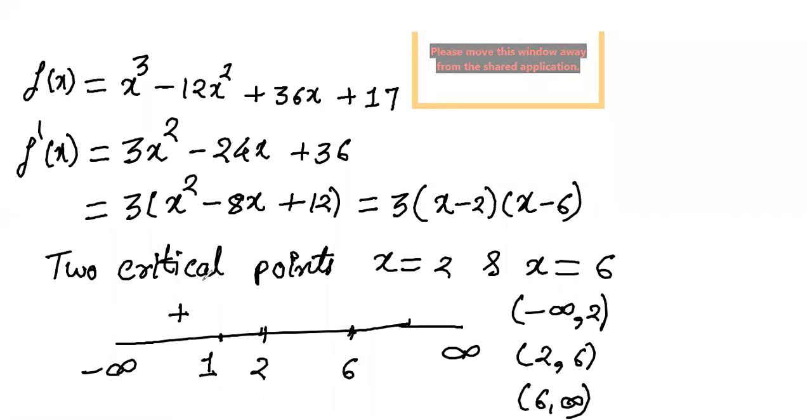We have found two critical points, x equal to 2 and x equal to 6, so we marked them on the number system: minus infinite, then 2 and then 6. This x equal to 1 is only for our understanding.